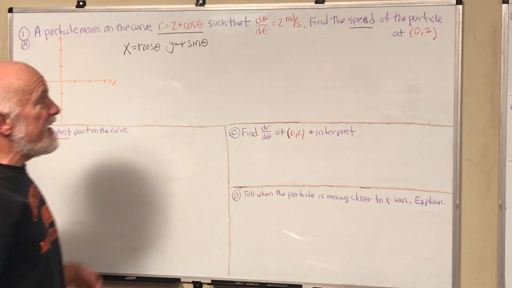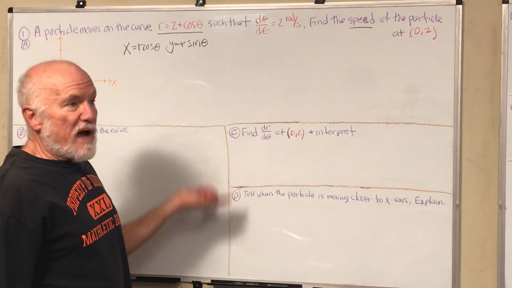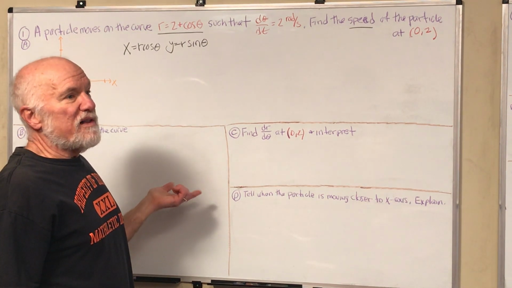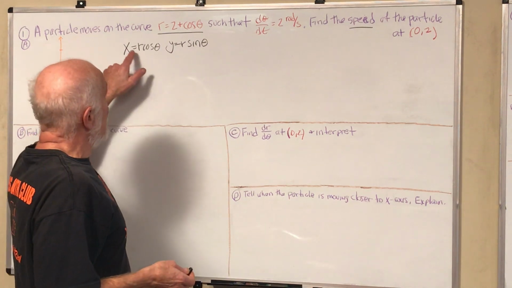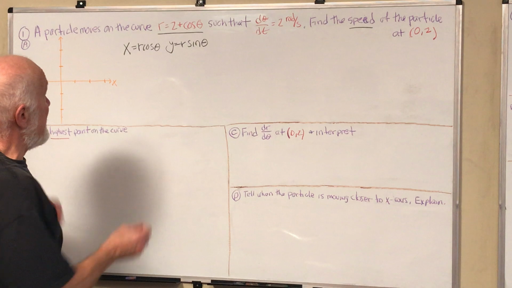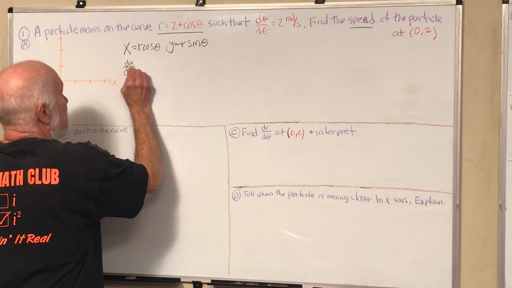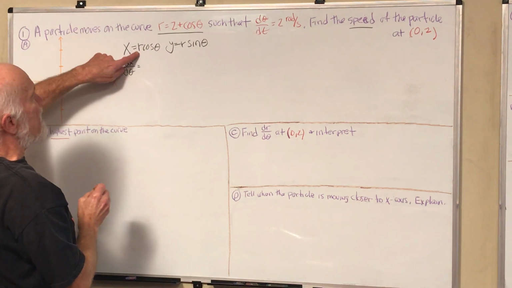And we know to find speed, we need to find dx/dt and dy/dt. Well, to start out with, since we have x as a function of theta, we can find dx/d theta. That's a good starting point.